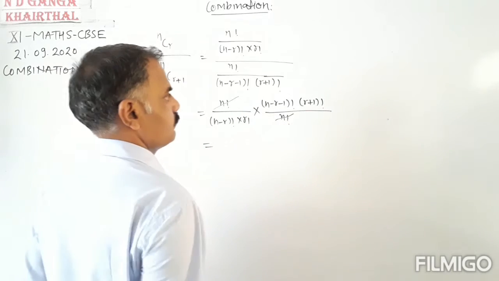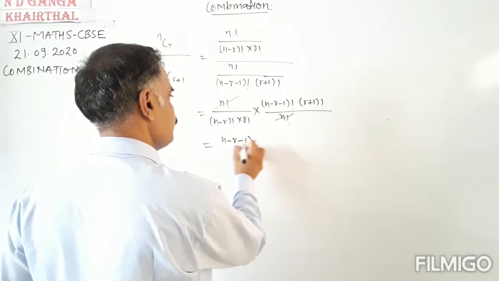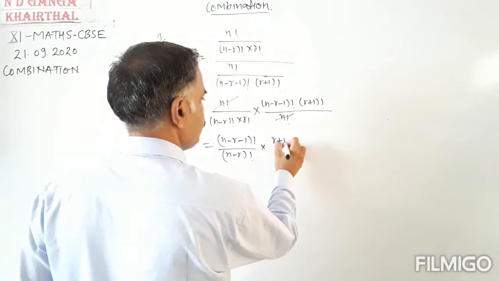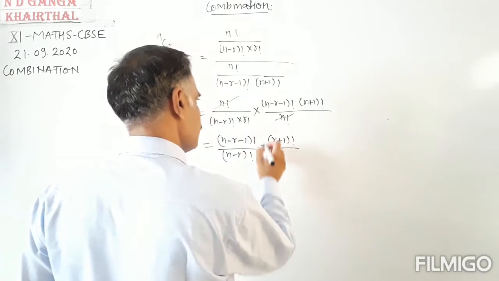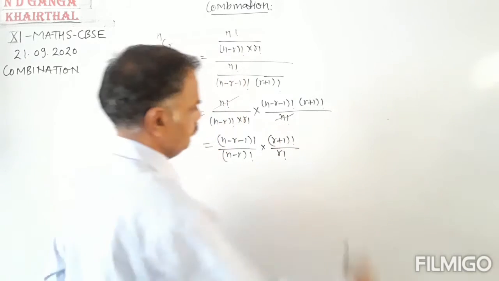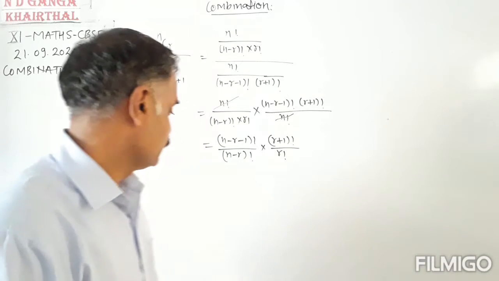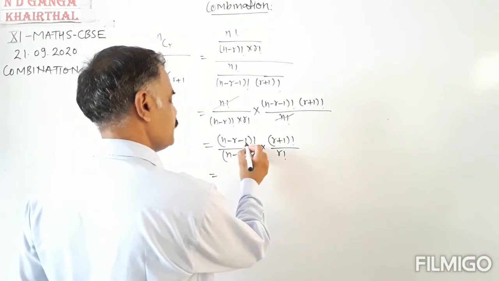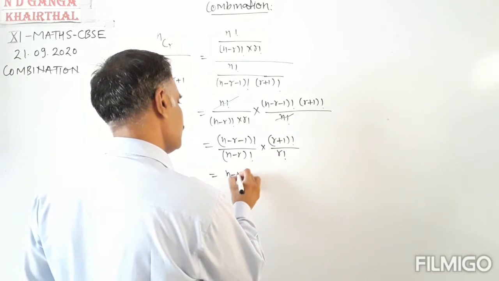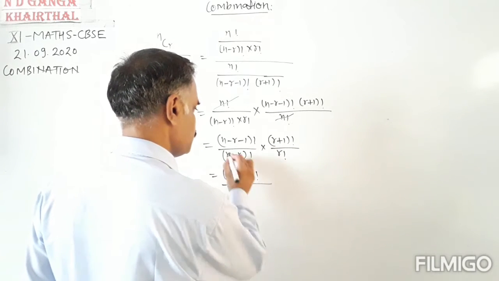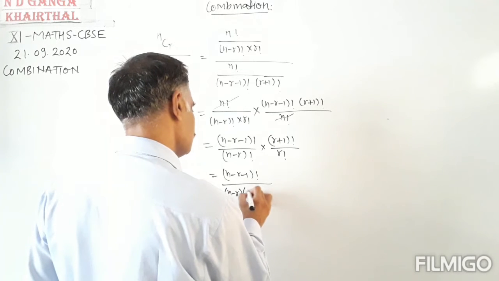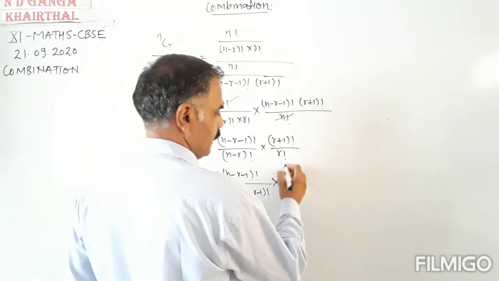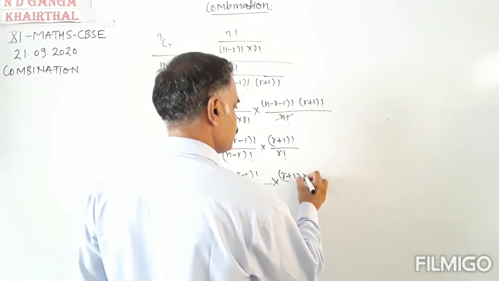So this equals n minus r minus 1 factorial upon n minus r factorial, into r plus 1 factorial upon r factorial. Okay. Now expanding this, n minus r minus 1 is lesser than n minus r, so n minus r factorial is expanded to n minus r into n minus r minus 1 factorial, and r plus 1 is greater than r, so r plus 1 factorial is r plus 1 into r factorial.